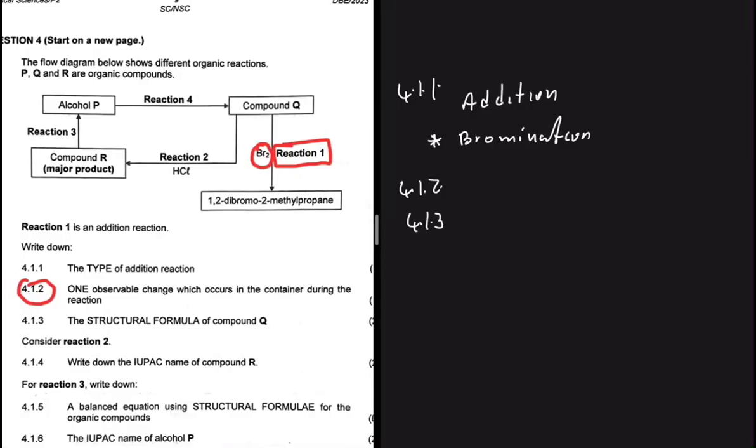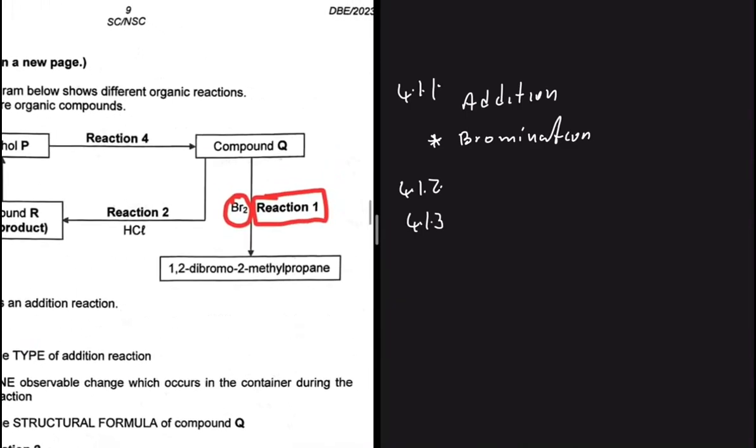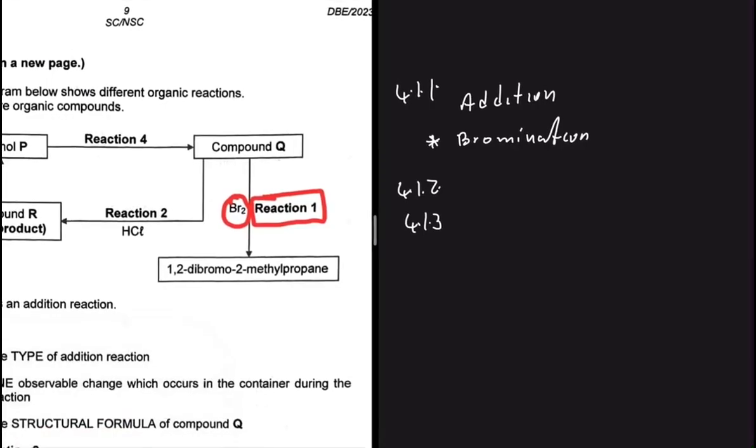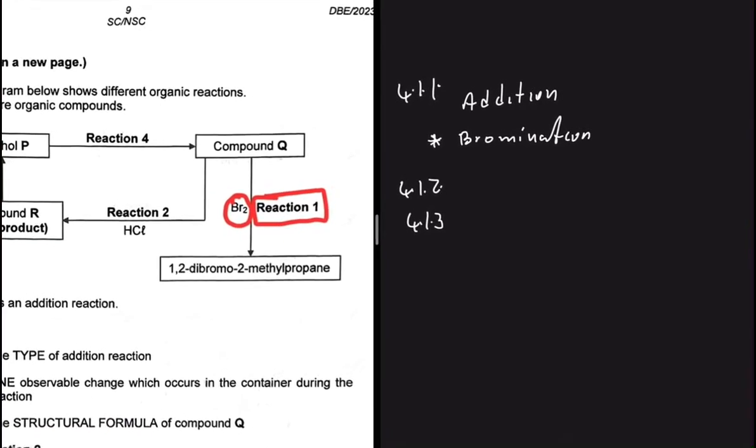4.1.3, the structural formula of compound Q. So we have compound Q right here, and when we add Br2, one bromo is going to be on the first carbon, as we can see from the name, and another Br will be on the second carbon. So there was a double bond there.